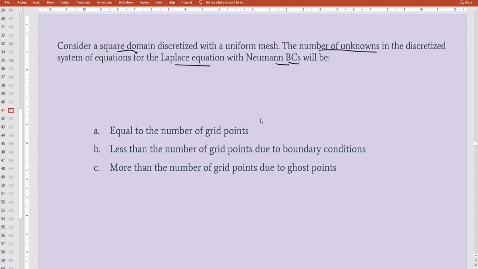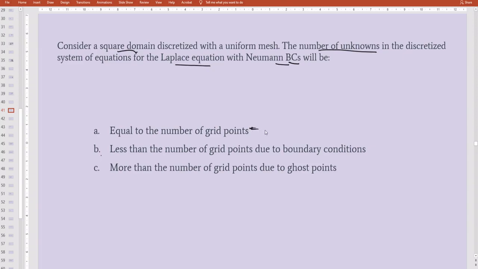Think about it: if the number of unknowns is equal to the number of grid points, then there are no known boundary values, that is, the boundary values are also unknowns.